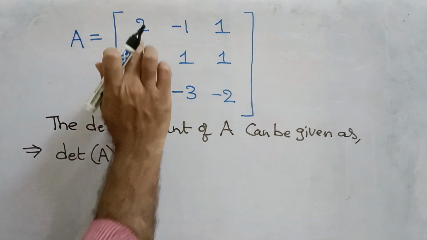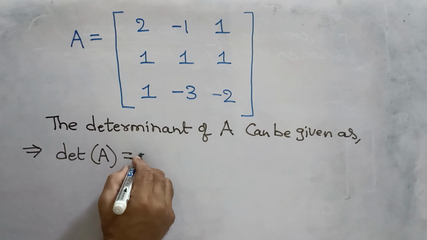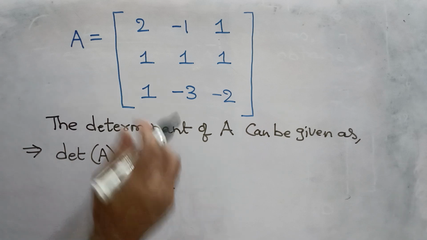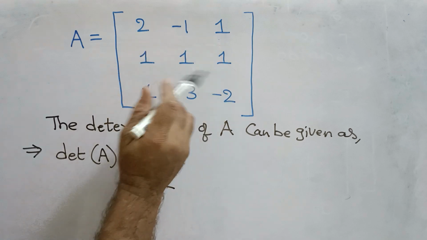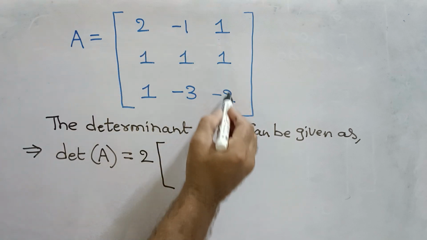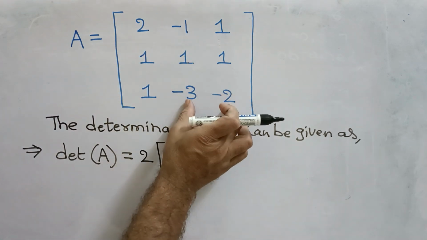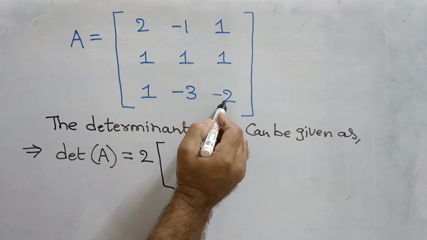Determinant of A is equal to, consider the first element 2 into, ignore that first row and first column, take the sub matrix here, 1 1 minus 3 2, having the elements 1 1 minus 3 minus 2.